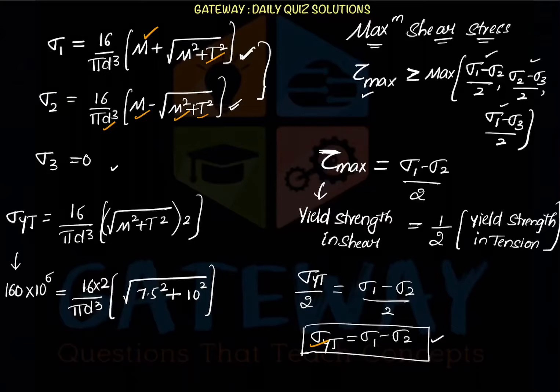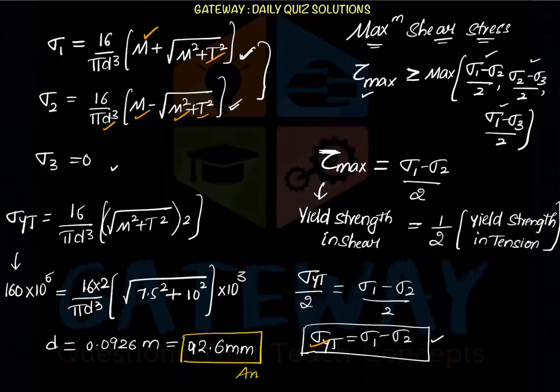Here it is in kilonewtons, so doing it square, and outside we'll be getting 10 power 3. By simplifying this, we'll get the value of d as 0.0926 meter, that is nothing but 92.6 mm. And this is our answer.